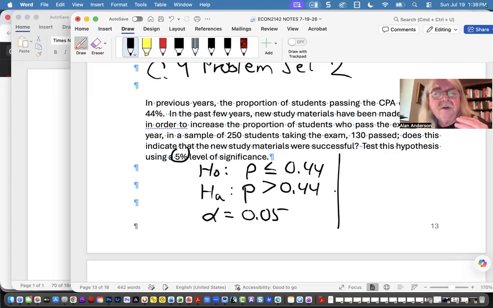And because this is a proportion problem, we don't have to worry about whether to use T or Z. It's always Z. We had a sample of 250 students, 130 passed.